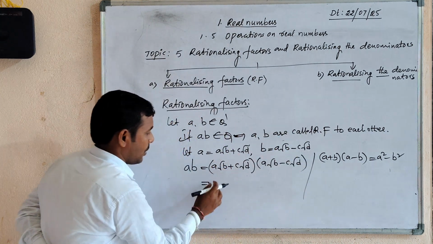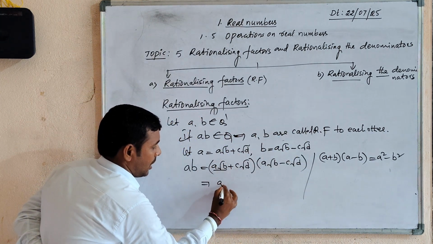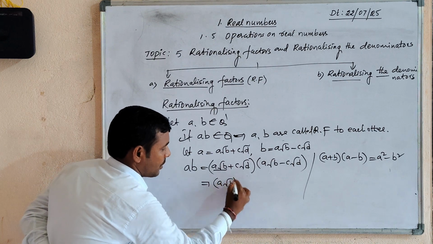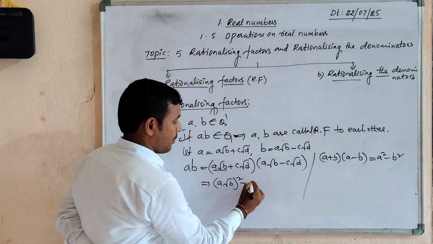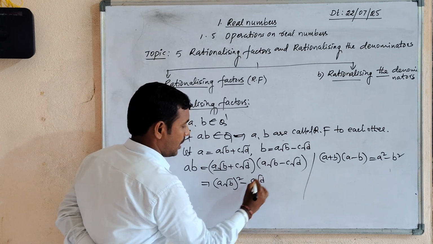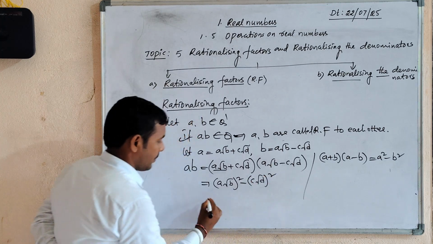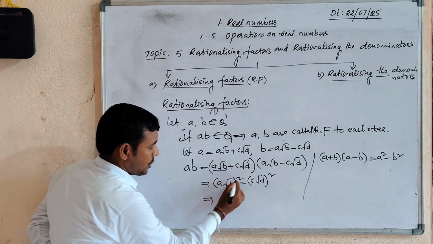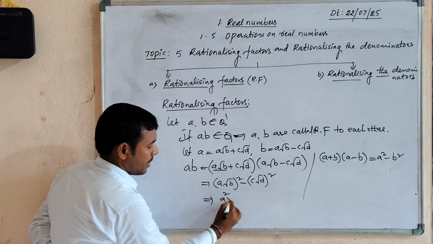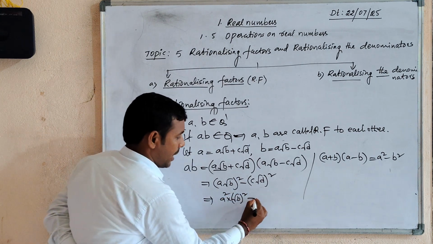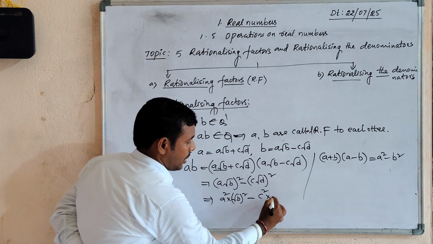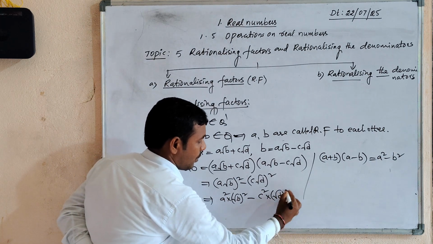a square: who is in a's position? a into root b whole square, minus, because we have minus, b square, b's position, c into root d whole square. Further, a square into root b whole square minus c square into root d whole square.